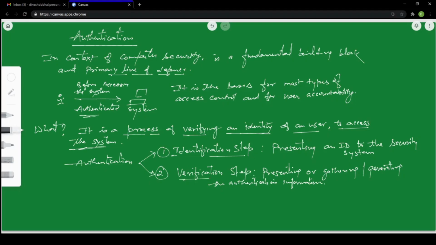These two steps are involved in the authentication process.